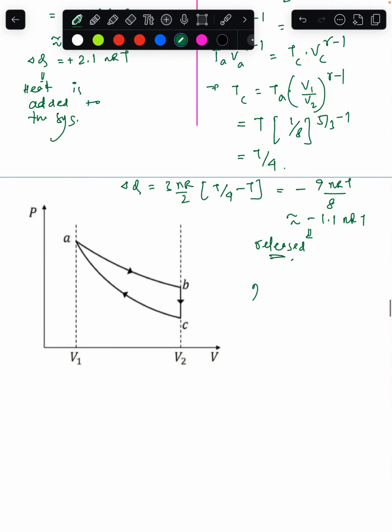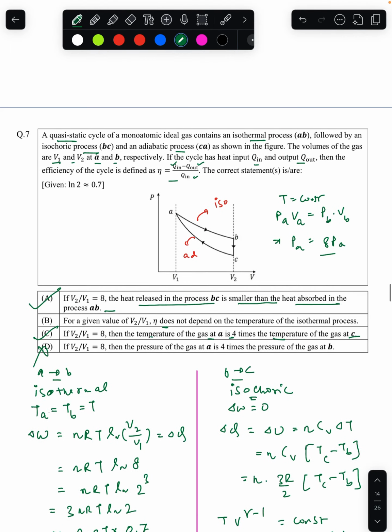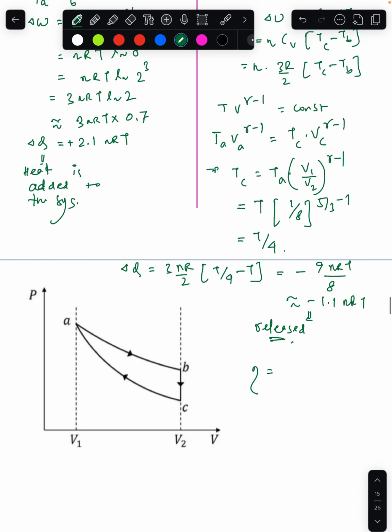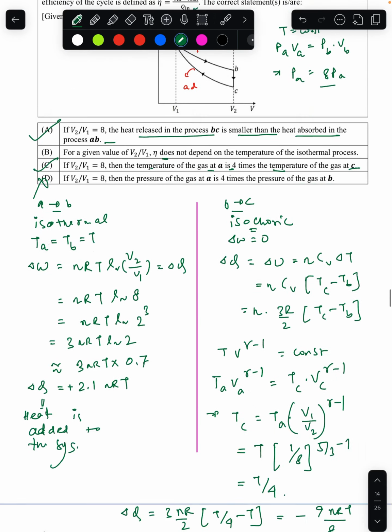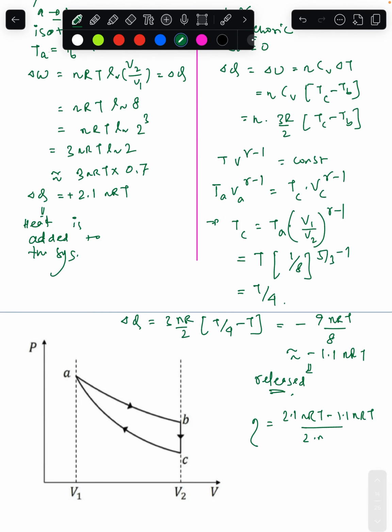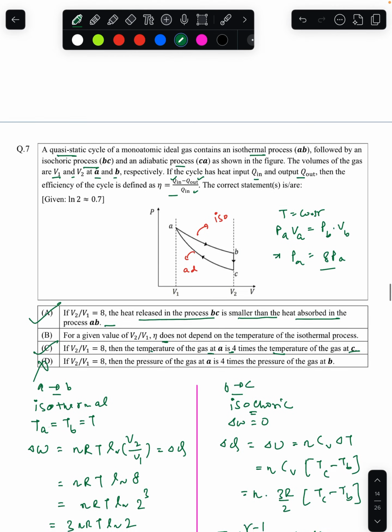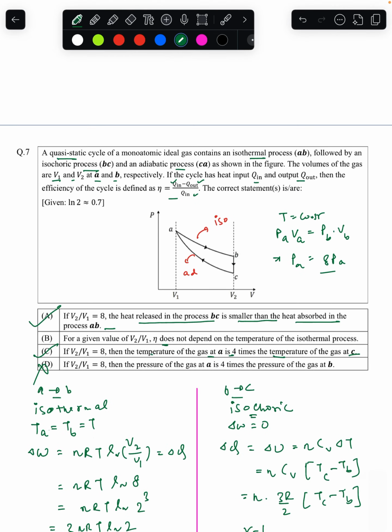Q in is equal to 2.1 nRT, so eta is 2.1 nRT minus 1.1 nRT divided by 2.1 nRT. So nRT will be cancelled. Definitely this is independent of T, and that's what they are asking. So this is independent of T, right?